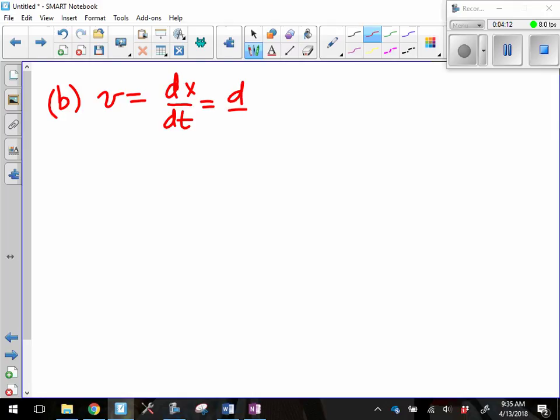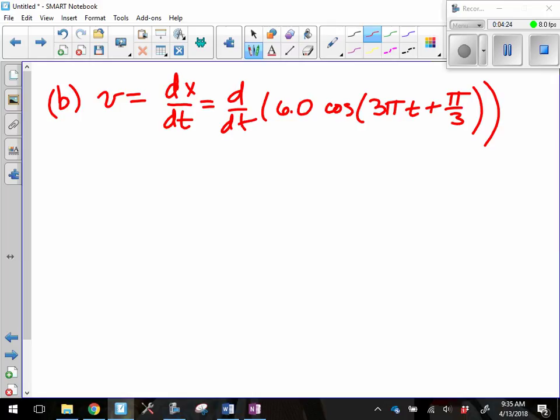Okay, so I'm going to take d/dt of 6.0 times the cosine of 3 pi t plus pi over 3, right? Did I copy it right? So my 6 is just going to hang out front because it's just a constant.